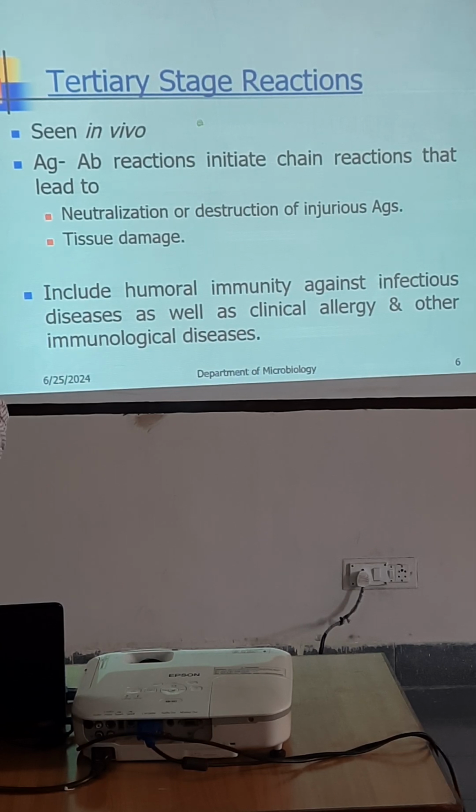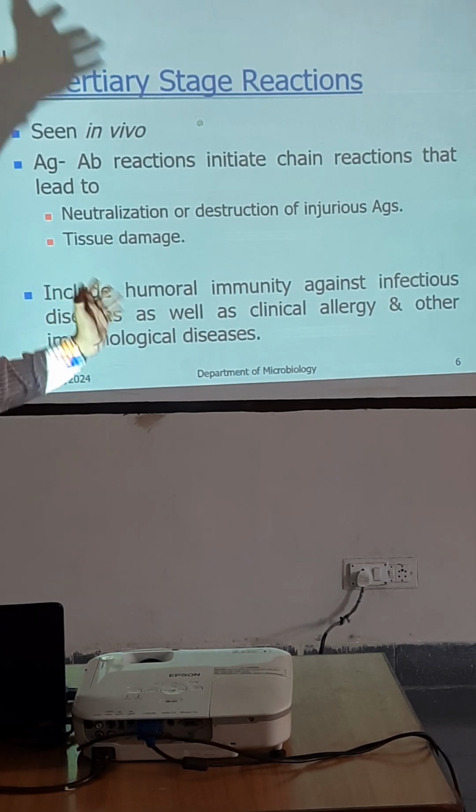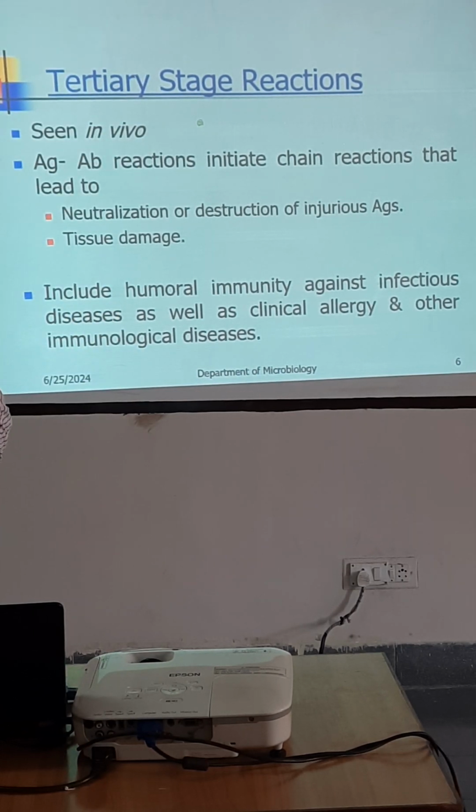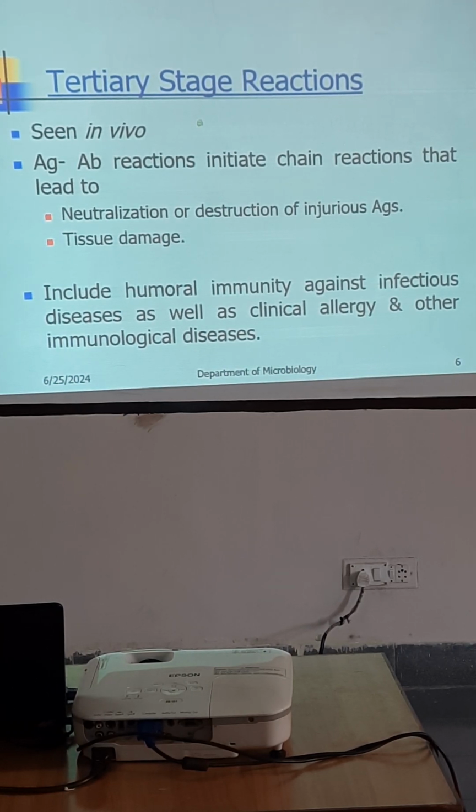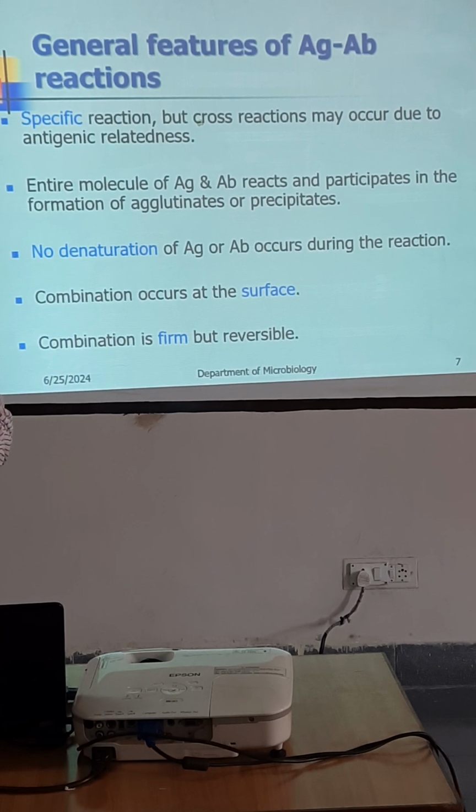While carrying out this process there could be damage to the host tissues, and this response can include a humoral immune response against these particular infectious agents, diseases, as well as certain clinical allergies and other immunological diseases also.